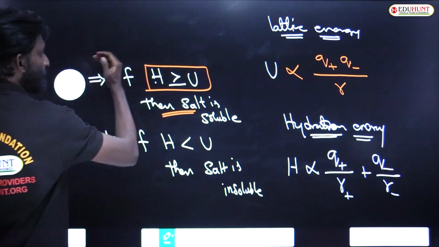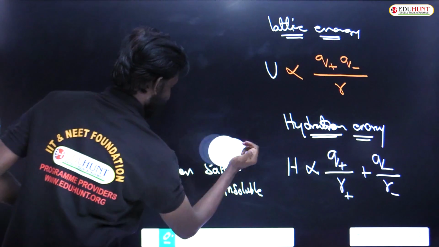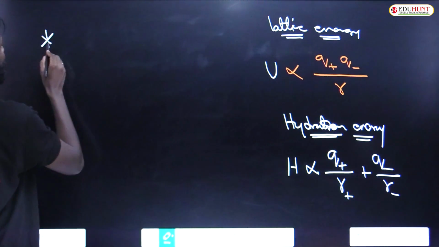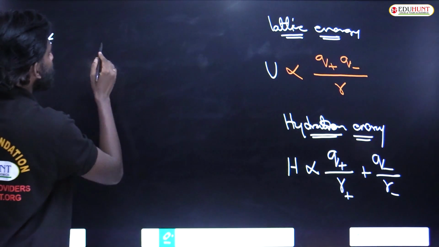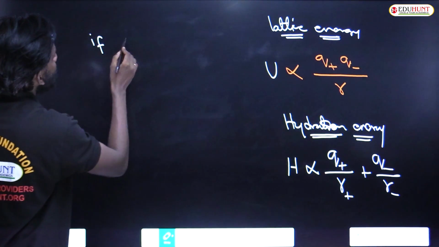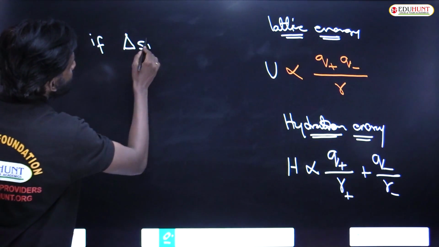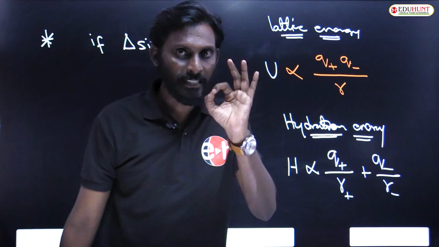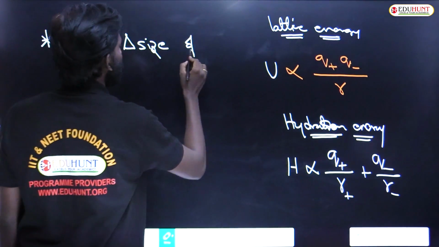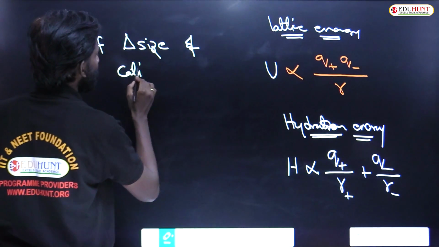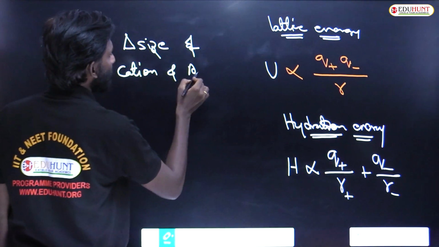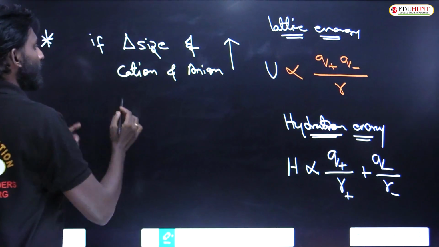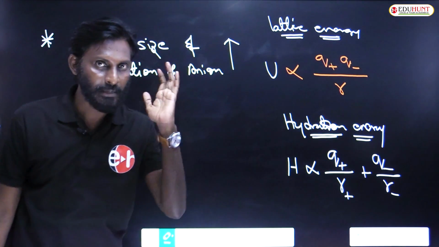I will erase this. See, what is important here is, if the difference in the size of cation and anion increases, I hope you understand my notes, okay?